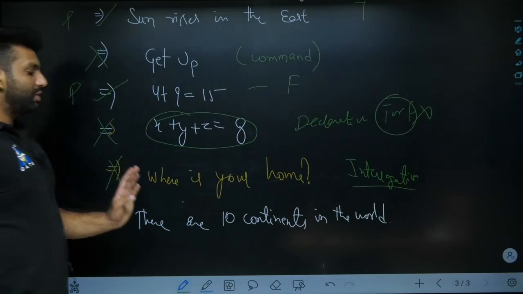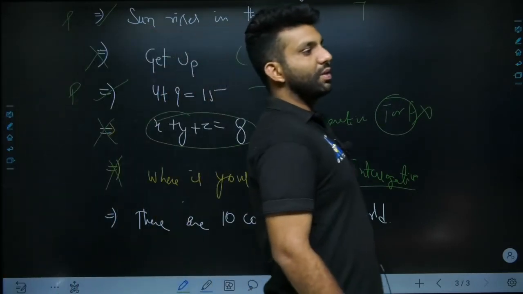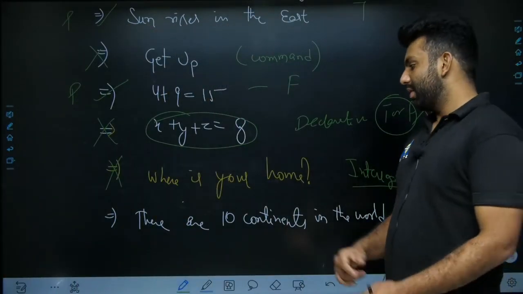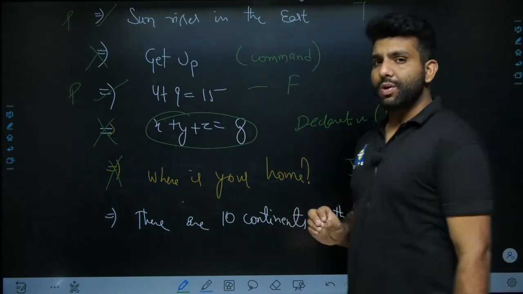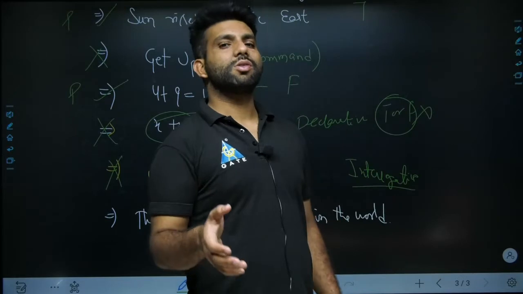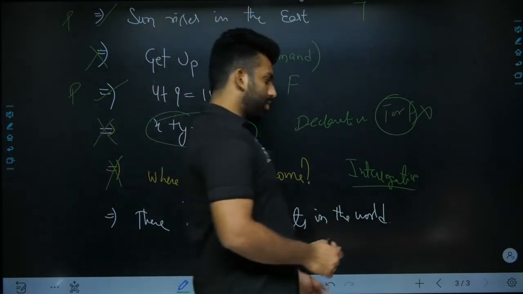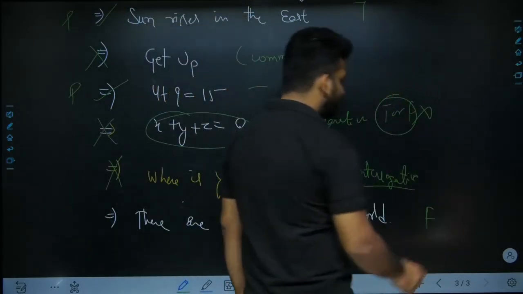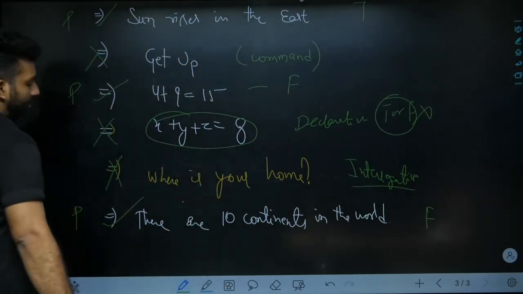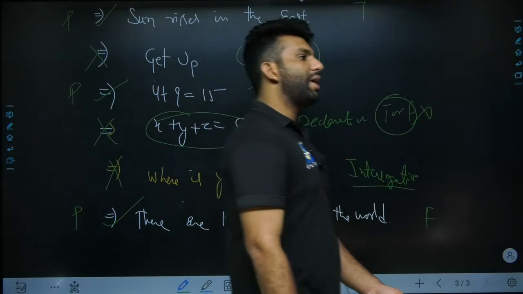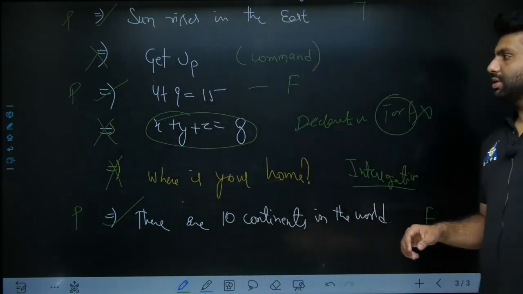What about this? There are 10 continents in the world. The answer is, this is also a declarative statement which is trying to declare that there are 10 continents in the world. But is it true? The answer is false. No, it's not true. So the value is false and it was a declarative statement. It's a proposition. So I hope you have got that. What exactly are propositions?